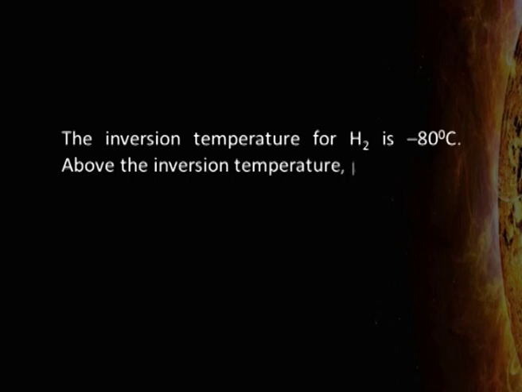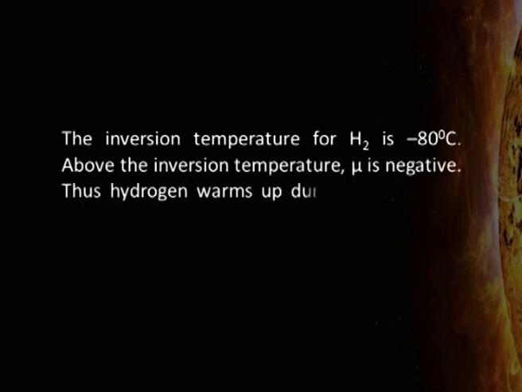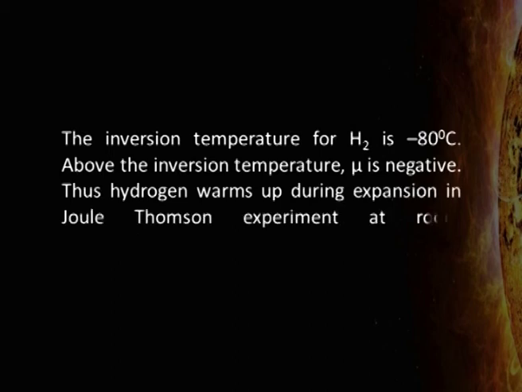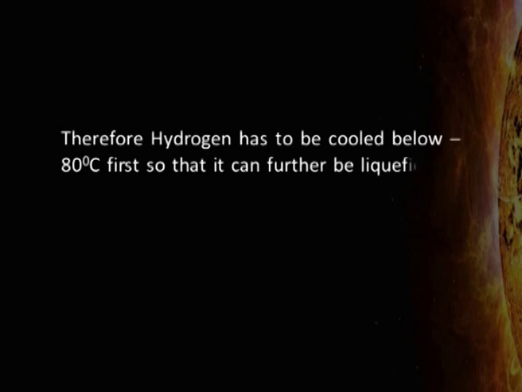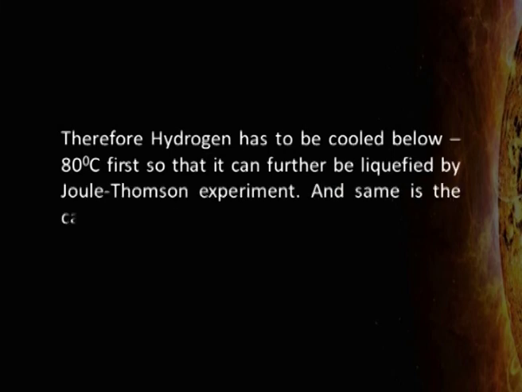Above the inversion temperature, Joule-Thomson's coefficient is negative. Thus, hydrogen warms up during the expansion in Joule-Thomson's experiment at room temperature. Therefore, hydrogen has to be cooled below minus 80 degrees Celsius first so that it can further be liquefied by Joule-Thomson's experiment, and the same is the case with helium also.